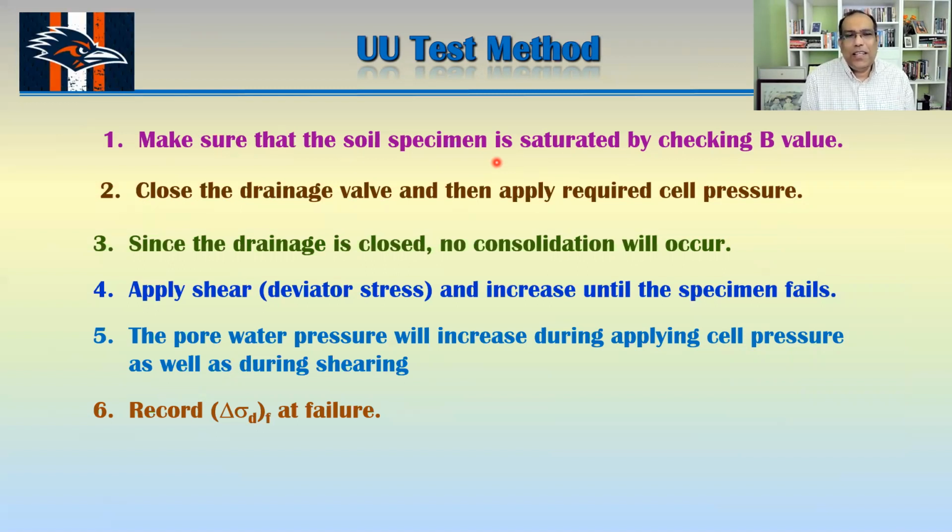Once the saturation is done, you close the drainage valve and apply the required cell pressure. Since the drainage is closed, no consolidation will occur, so you don't need to wait for consolidation. You can just start applying shear by applying the deviator stress and increasing it until the specimen fails.